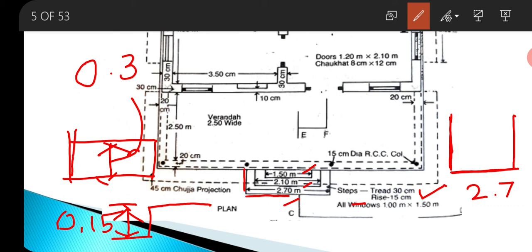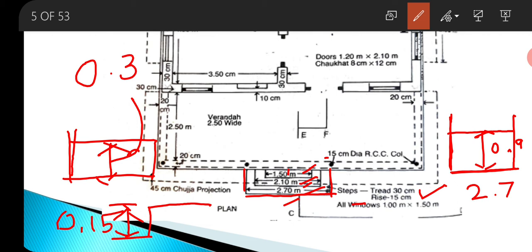The dimension of each tread is 30 centimeter. So total width of this base will be 30 for first step, for second step 30, for third step 30. So the total width will become 90 centimeter.